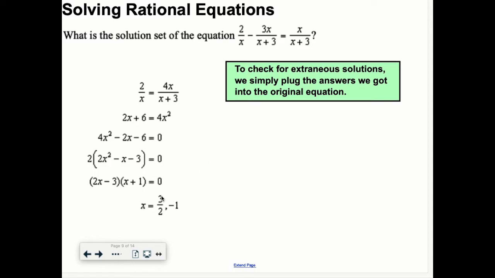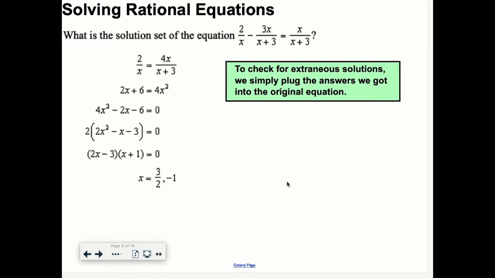And we want to see if these two are extraneous solutions. How do we check to see if these are extraneous solutions? Well, I can just plug these into my denominator and see if they make anything equal to 0. And I can just do that in a simple little check. So I'm going to do 2 over negative 1 minus 3 times negative 1 over negative 1 plus 3 equals negative 1 over negative 1 plus 3.